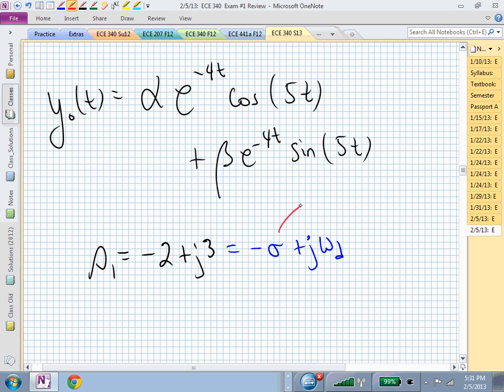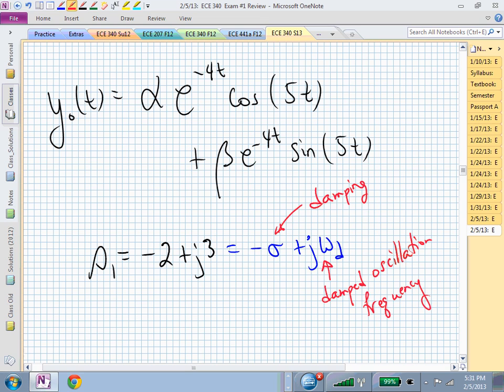Sigma is the amount of damping that you have, and omega sub d is the damped oscillation frequency, or the damped frequency. So the imaginary piece will give you the frequency of oscillation, and the real piece gives you either your damping or unbounded exponential behavior. Question?